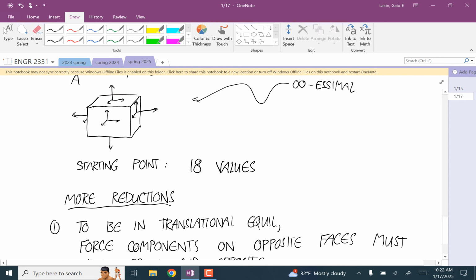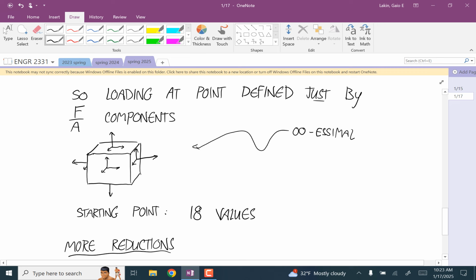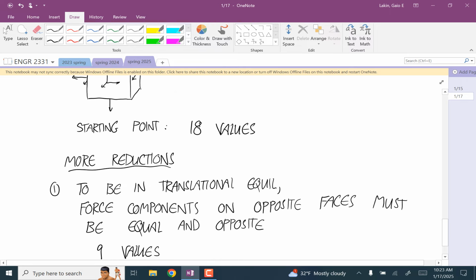You can think of there being a distinction between the components that are going into or out of the face and the components that are parallel to the face.